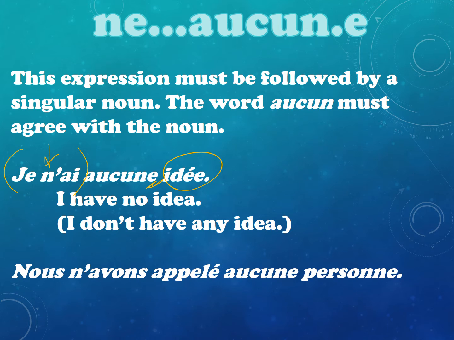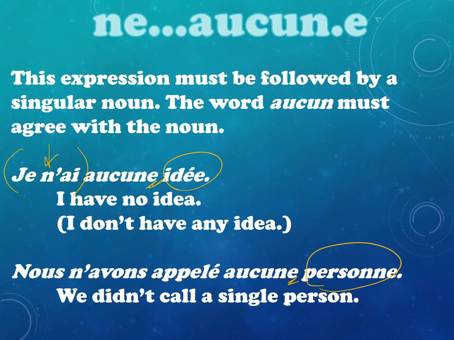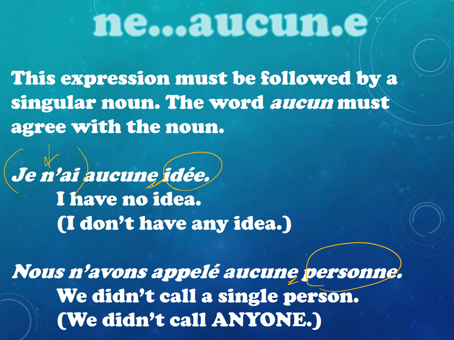So aucune, again, with personne, because personne is feminine, aucune is also feminine. This means we didn't call a single person. We didn't call anybody. And again, here you can see this is the passé composé, the ne in front of the helping verb, but then we put the past participle in before we put aucune.